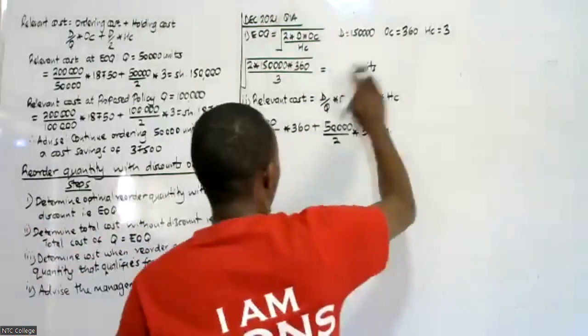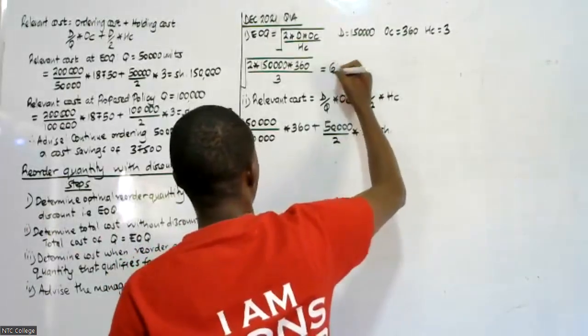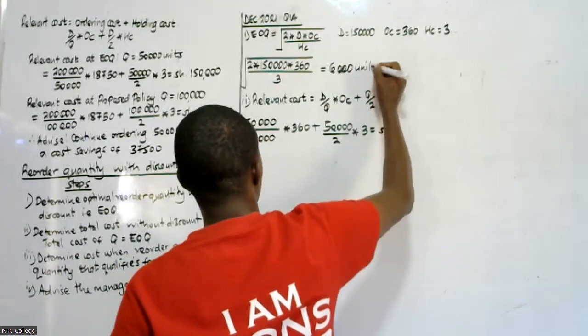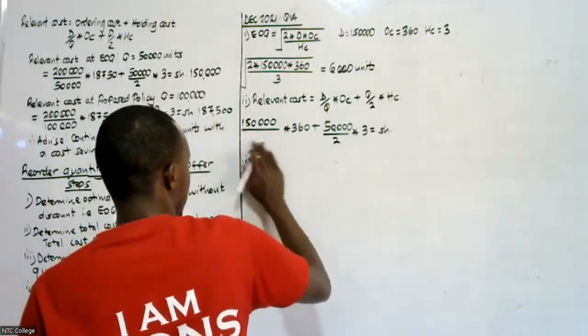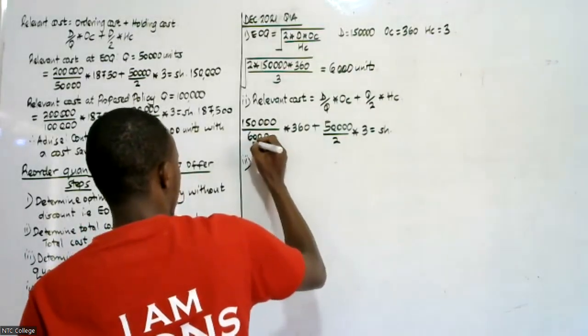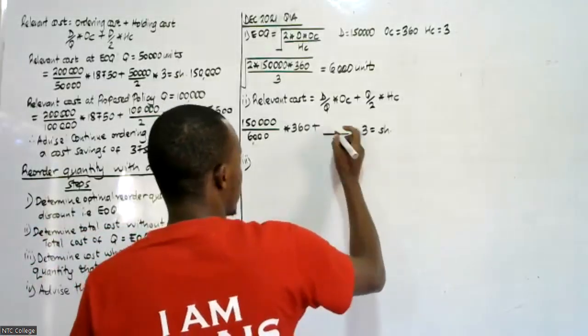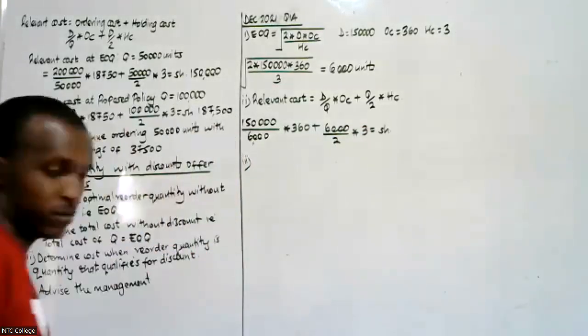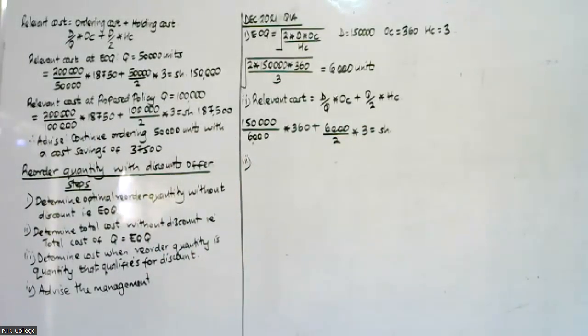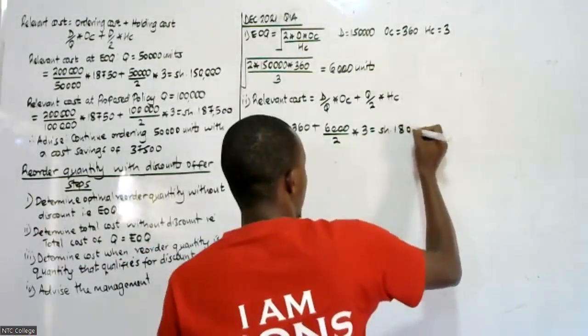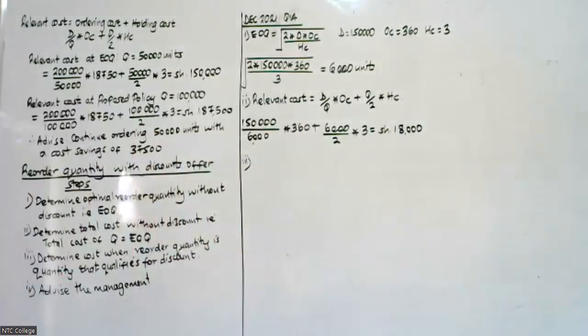Correct. This is 18,000. So when they continue buying the EOQ of 6,000 units, they will incur cost of 18,000.